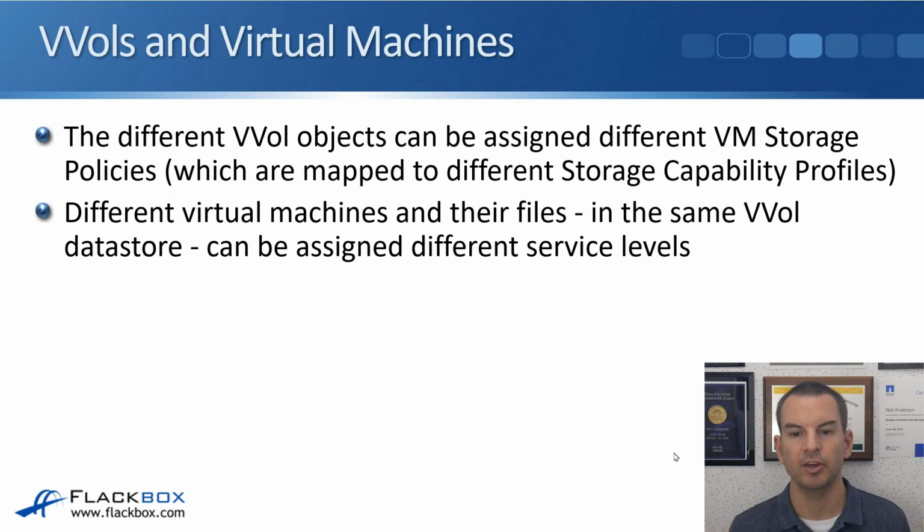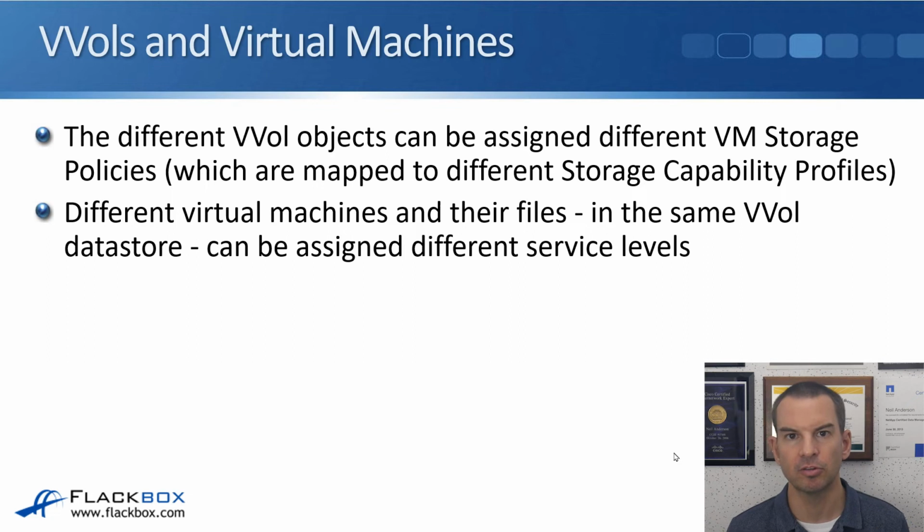The different VVol objects can be assigned different VM storage policies, which are mapped to different storage capability profiles. So you saw this earlier in the examples for the traditional data stores as well. You saw that we used VSC to provision the traditional data stores on the ONTAP storage, and we used the VSC storage capability profiles to specify the characteristics, such as is thin provisioning enabled or not, on the volumes that were backing the data stores.